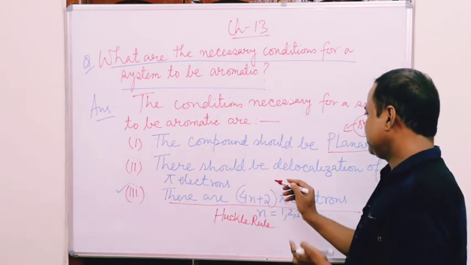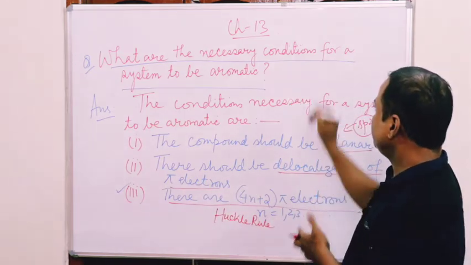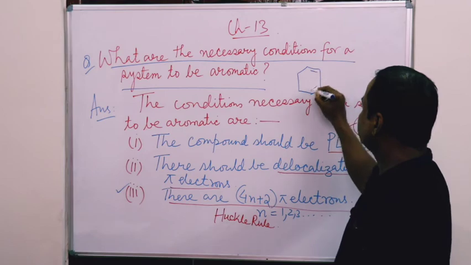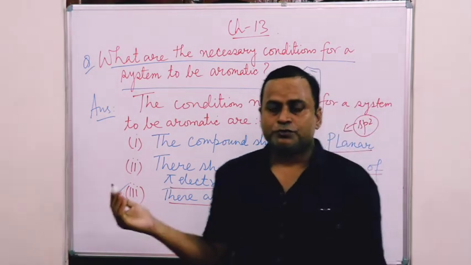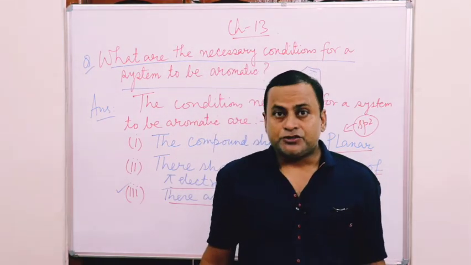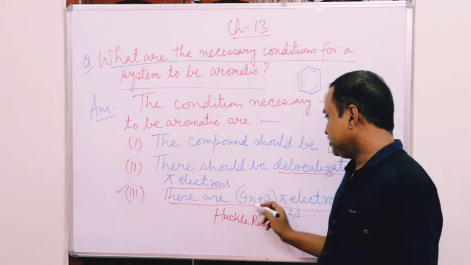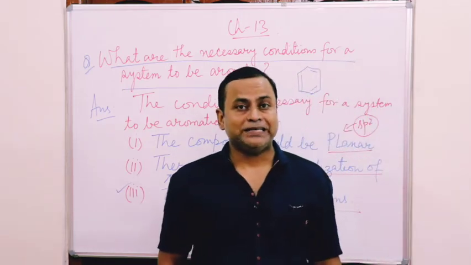Next, there should be delocalization of pi electron. If you think of benzene, the parent aromatic compound, obviously there has to be pi electron, and delocalized means they should be able to move around so that resonance is possible. So this is the second condition. And third condition, there should be 4n plus 2 pi electron.